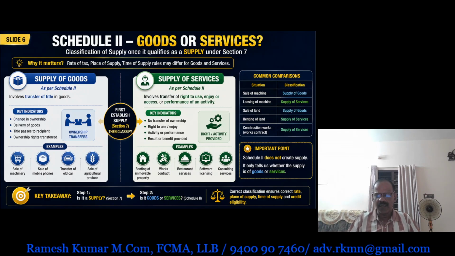Instead, it allows another person to use the machine for a period in return for a payment, like hypothecation or something like an installment sale. This may be treated as supply of service. Similarly, renting of immovable property and a works contract are treated as supply of service under the relevant provisions.